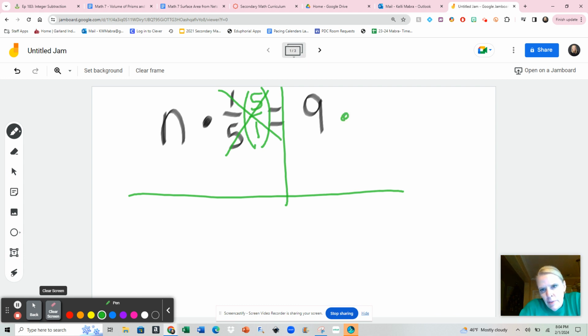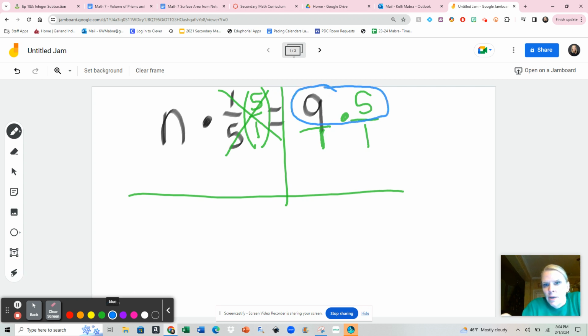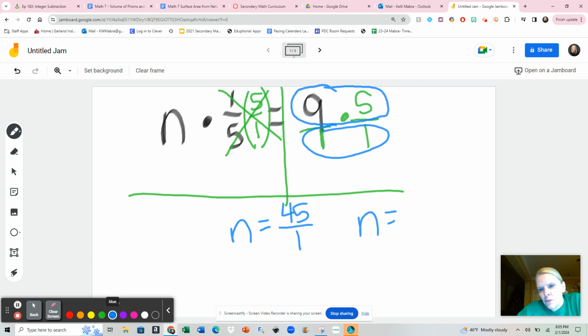So when I multiply 5 over 1, okay, you can even put a 1 over here if that helps you out. And then when you multiply a fraction, you just multiply across, multiply across. All right, so it's going to give you n is equal to 45 over 1, which you don't need the 1, so n is equal to 45.